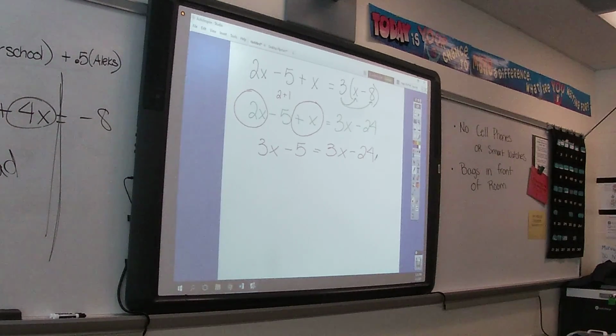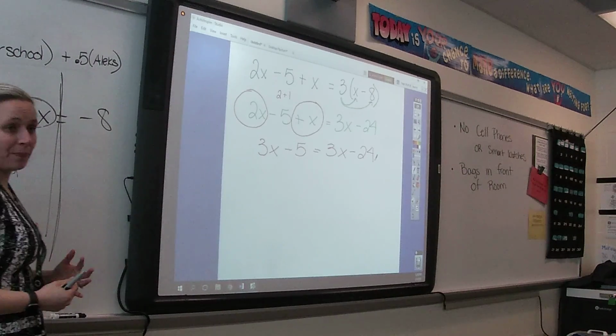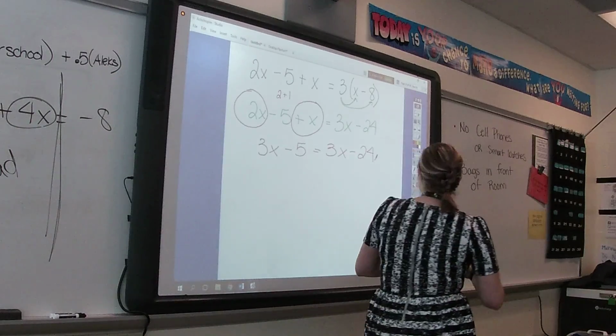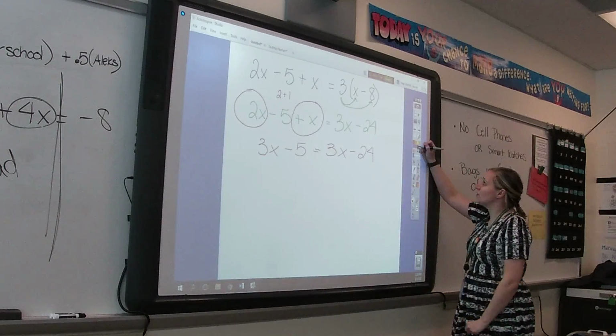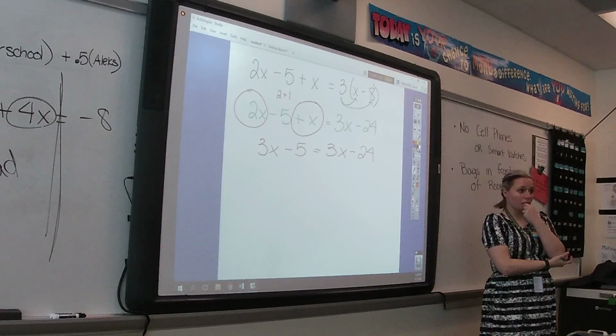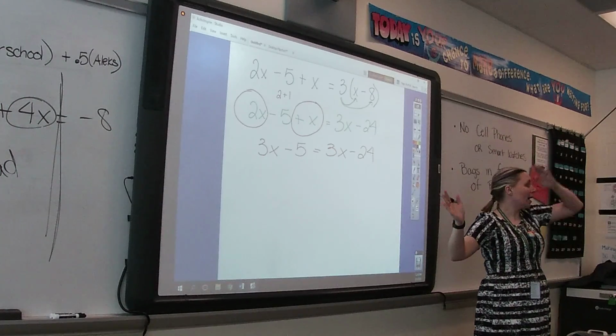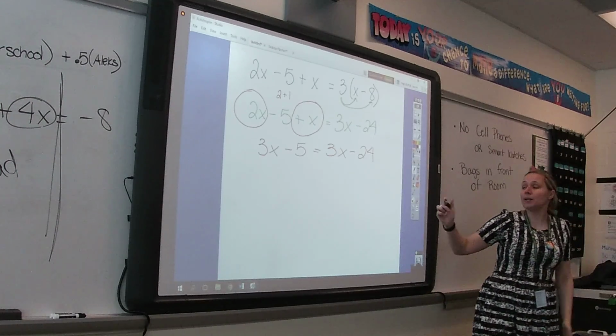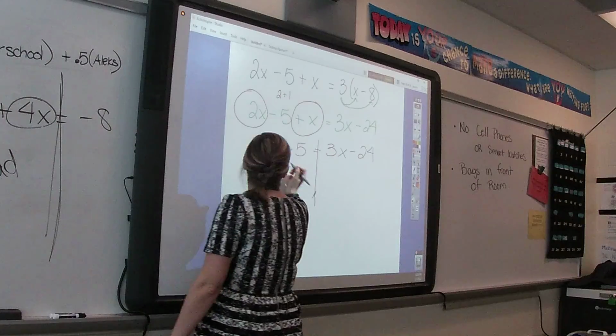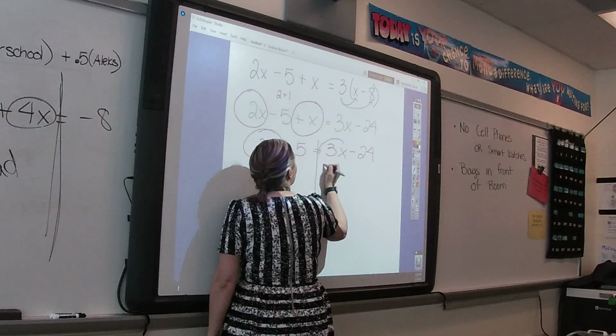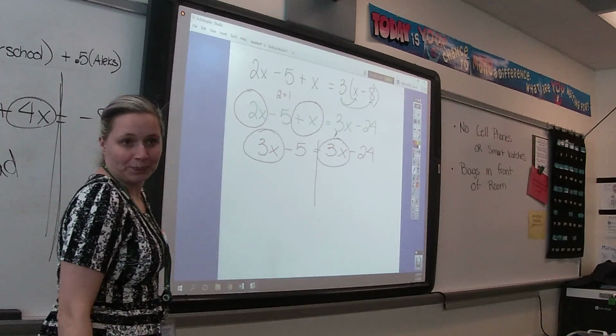Okay, the next step, if there are variables on both sides of the equal sign. So now do we have variables on both sides of the equal sign? Do we have one on the right and one on the left? Yeah. So we're going to get these together with the opposite sign.